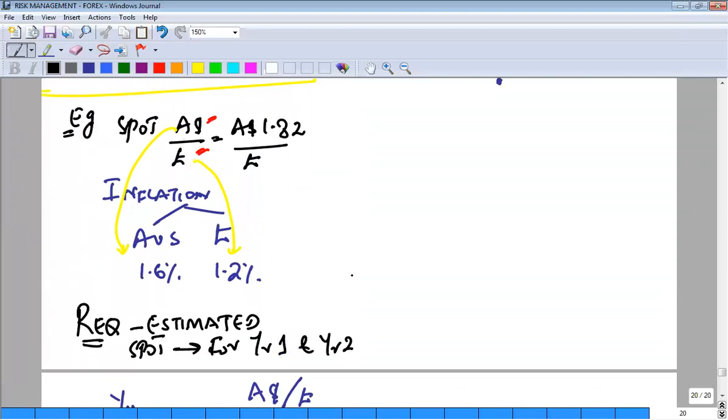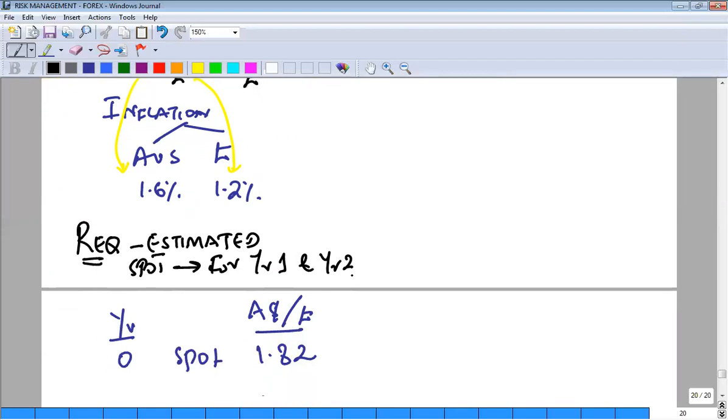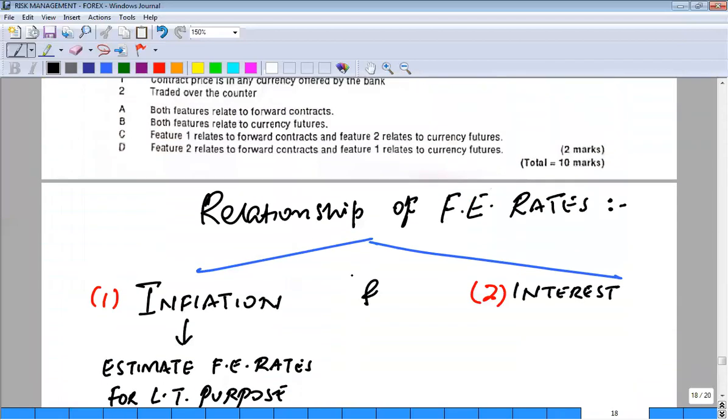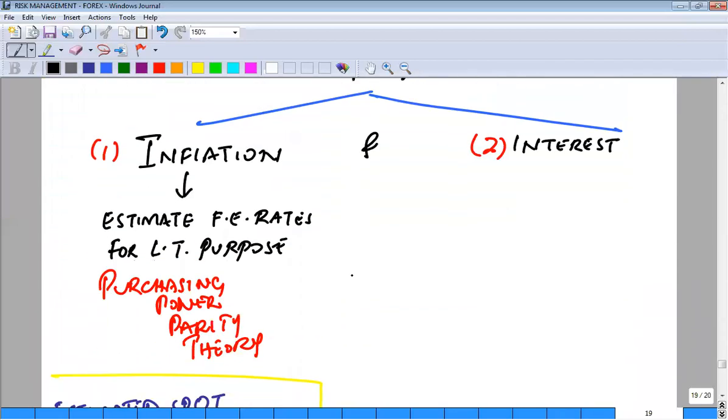That is how the relationship is established between inflation and foreign exchange rates.